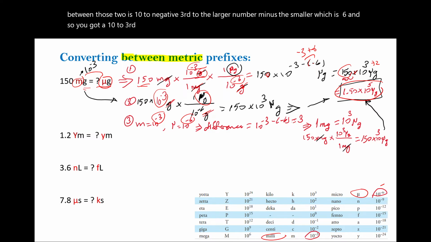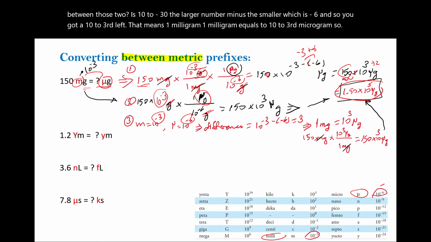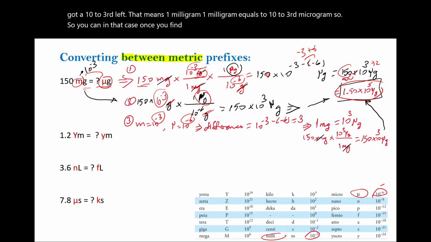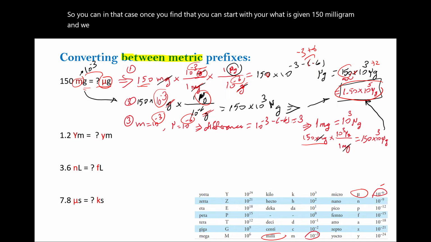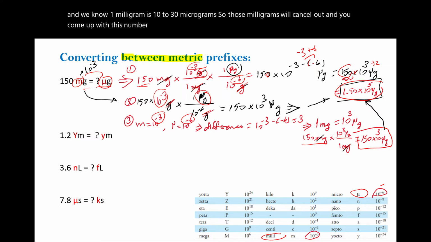That means 1 milligram equals 10 to third microgram. Once you find that, you can start with what is given, 150 milligram, and since 1 milligram is 10 to third microgram, those milligrams will cancel out and you come up with this number. Of course, you can easily convert it to scientific notation.